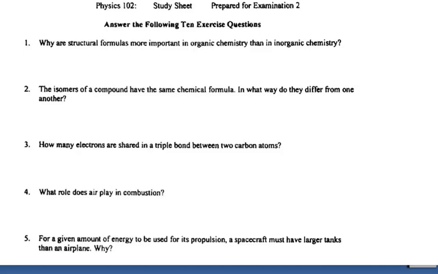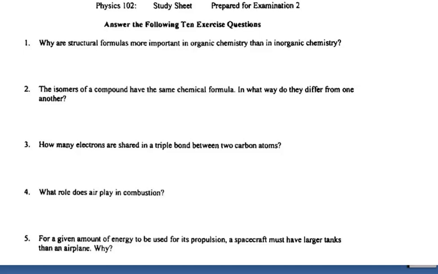Question number one, why are structural formulas more important in organic chemistry than in inorganic chemistry? The reason is that in organic chemistry, there are so many more isomers than in inorganic.